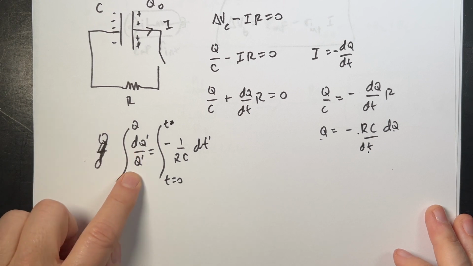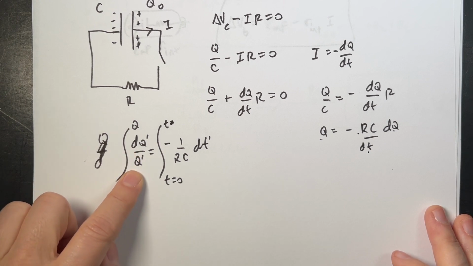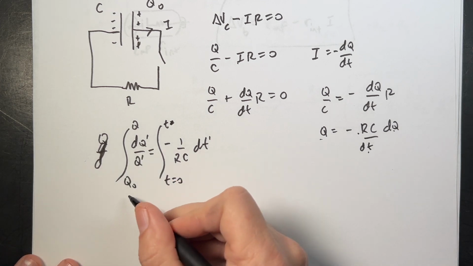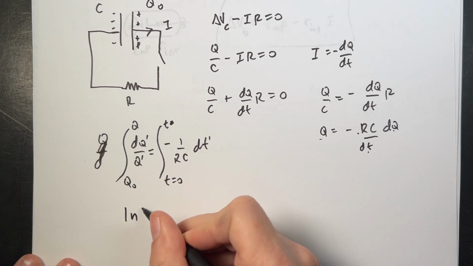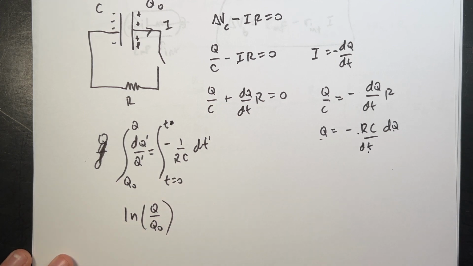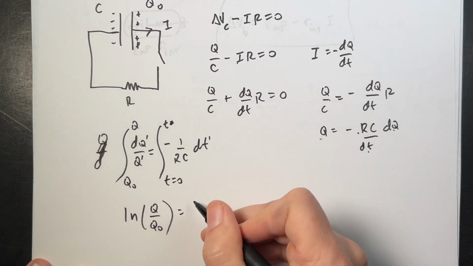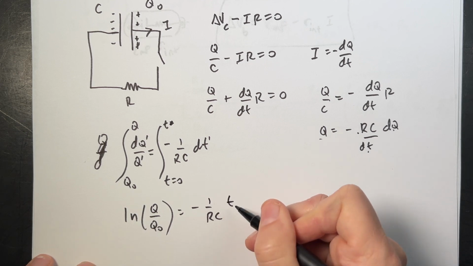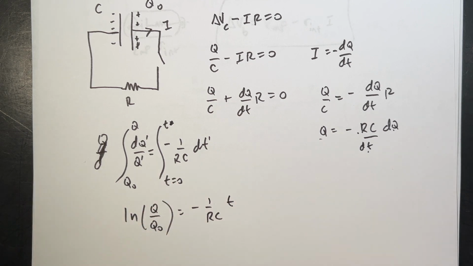The integral of dq over q is the same as the integral of dx over x, which is the natural log of q. So I'm going to get the natural log of q over q0. Right? And it's really natural log of q minus natural log of q0, but we never want to write it that way because the units don't work, so we always write it as a fraction. And then over here, I'd get negative 1 over RC times T minus 1 over RC times 0, which is that.